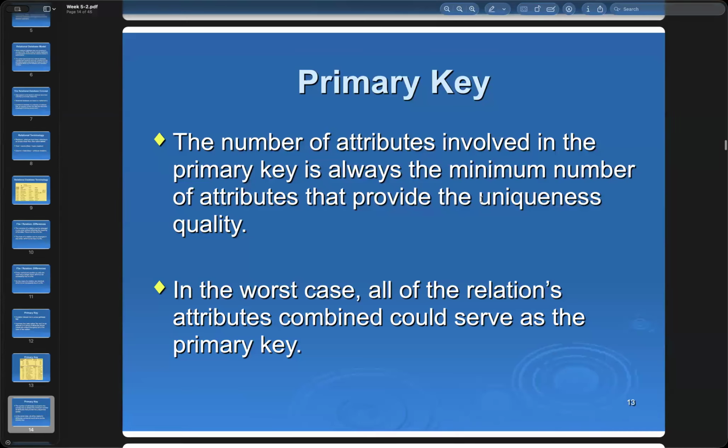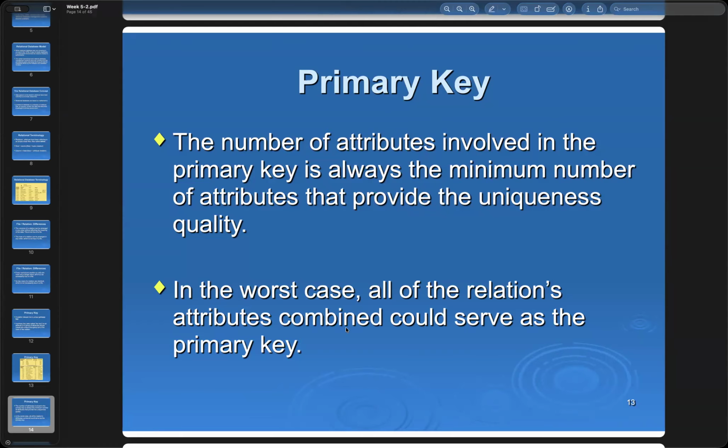That means we try to use the minimum. If it is possible to use just one attribute to form the primary key, then use that attribute. In the worst case, all the relation's attributes combined could serve as a primary key.